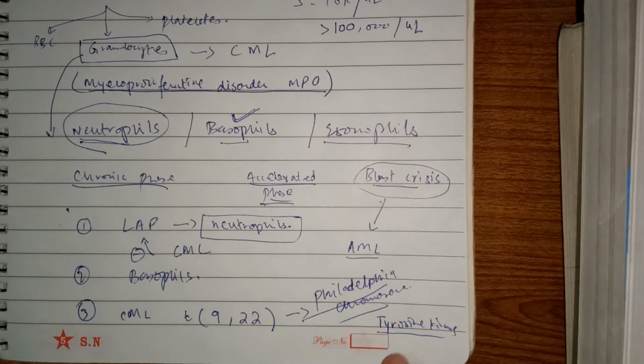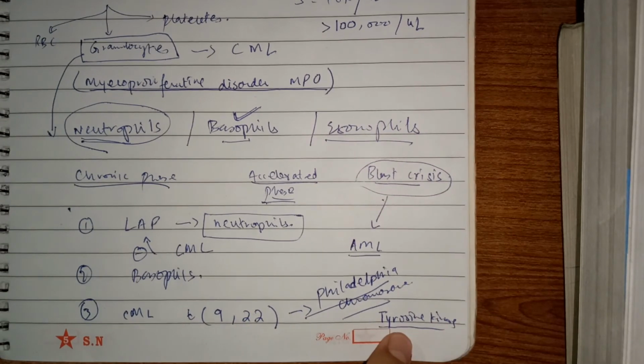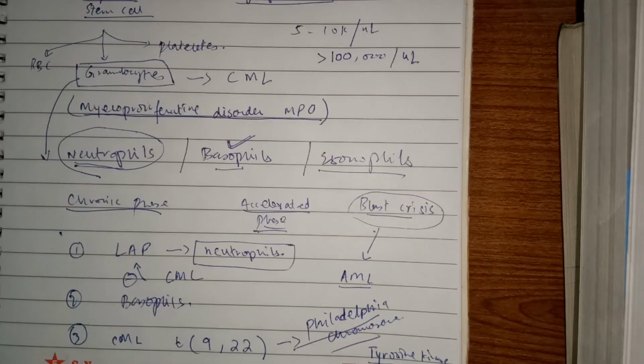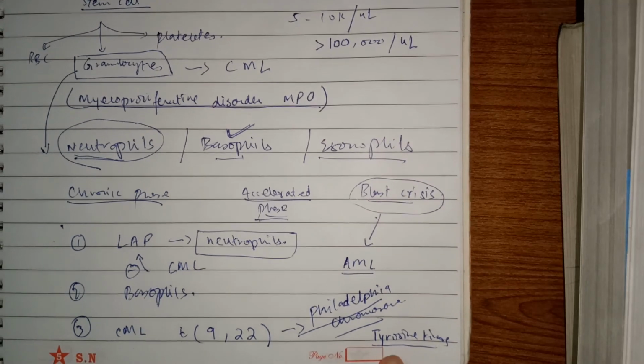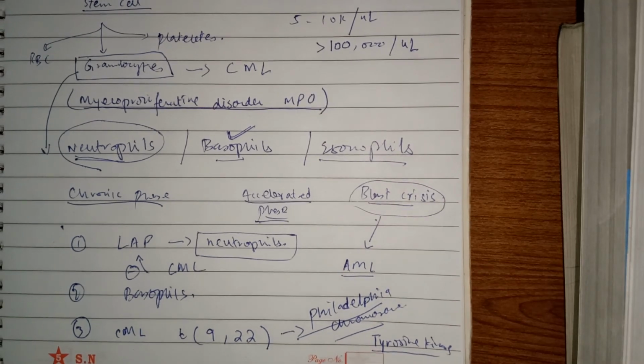So this tyrosine kinase will cause the malignant cells to have a longer life, because this tyrosine kinase allows the white blood cells to escape apoptosis. So these white blood cells have a longer life.